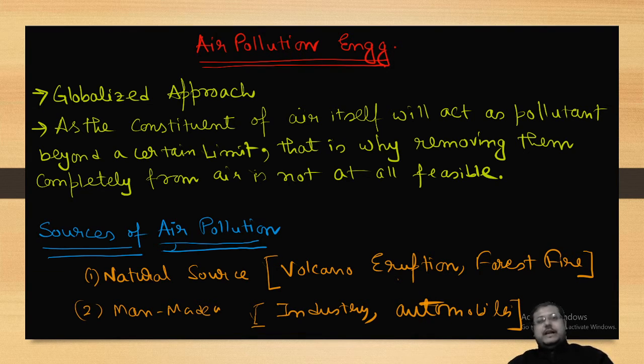The water segment is mostly saturated in environmental engineering research, specifically the domestic water part. The activated sludge process is still under research, but air pollution is completely under research. Why? Because dealing with this problem is not that easy.